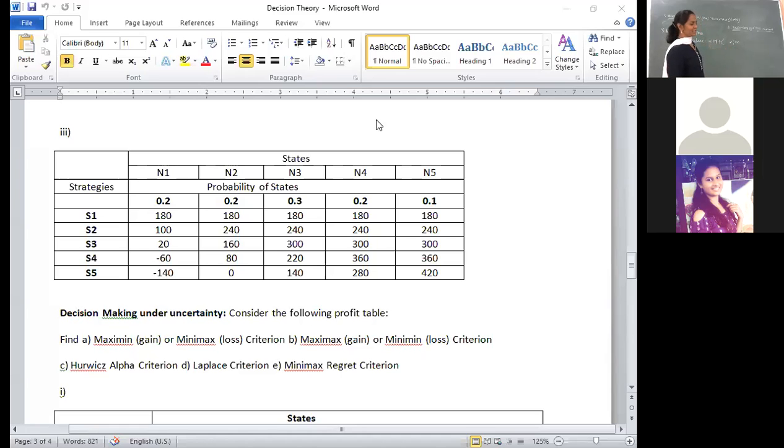In hypothesis testing, alpha represents the level of significance, 5%, 1%, 10%. Beta is nothing but the power of the test. Do you remember anything?